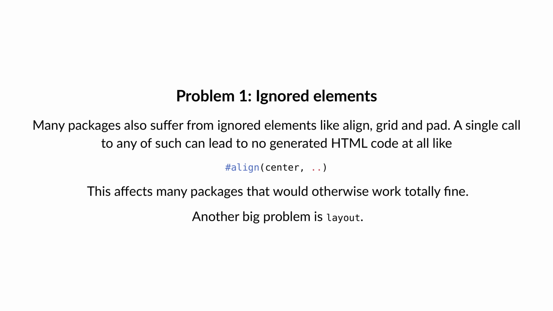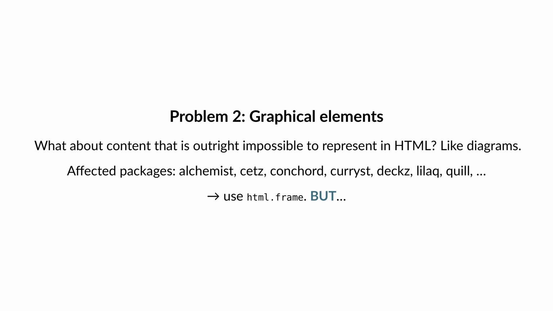Or alignment: some packages would in principle work, but the alignment is kicked out and everything in it. But I want to talk about different problems, because this is where package authors can actually do something about it. One is graphical elements.